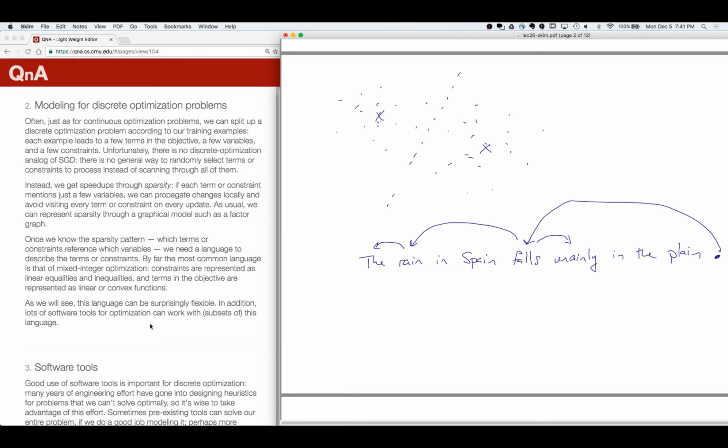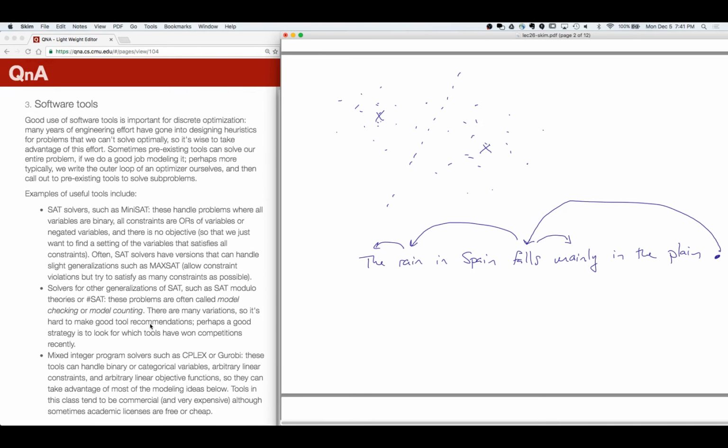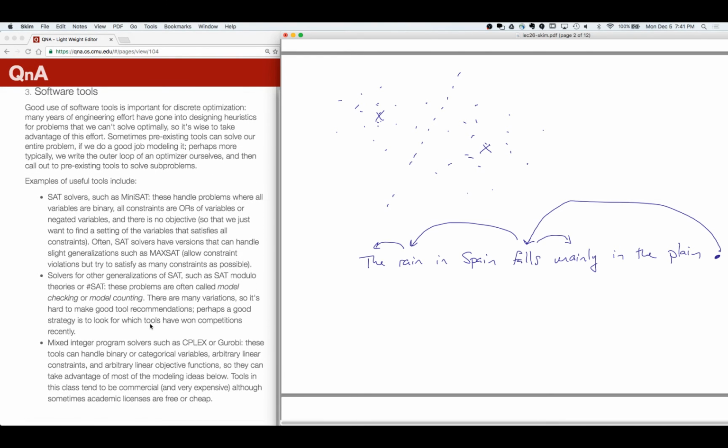And then the terms in the objective are going to be linear or convex functions of these variables. And this is actually a really surprisingly flexible language, and a lot of pre-built tools can help optimize things that are written in this language. So speaking of tools, when you're doing discrete optimization, you should take advantage of tools.